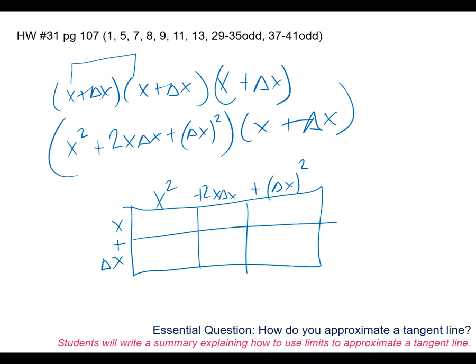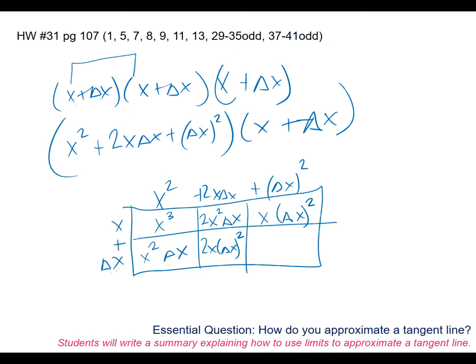Alright, so let's talk about this. x times x squared, x cubed. x times 2x delta x, 2x squared delta x. x times delta x squared would be x delta x squared. Delta x times x squared would be x squared delta x. Delta x times 2x delta x, 2x delta x squared, good.